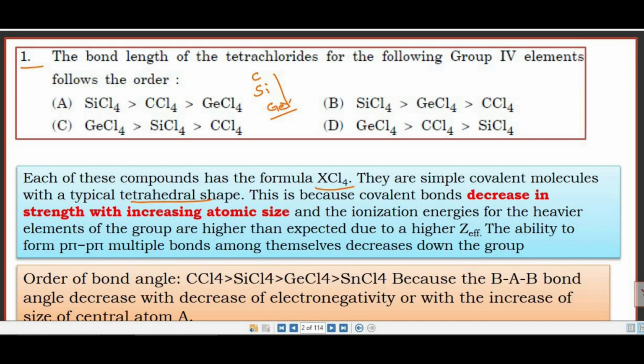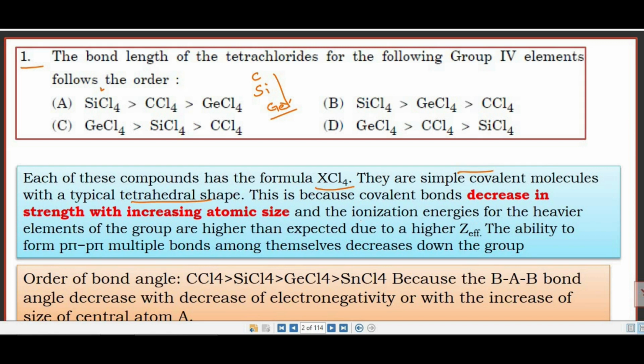We know that all of these, SiCl4, CCl4 and GeCl4, have tetrahedral shape, but the covalent bond strength decreases with increase in atomic size. Listen, as the atomic size increases from carbon to germanium, the covalent character increases.